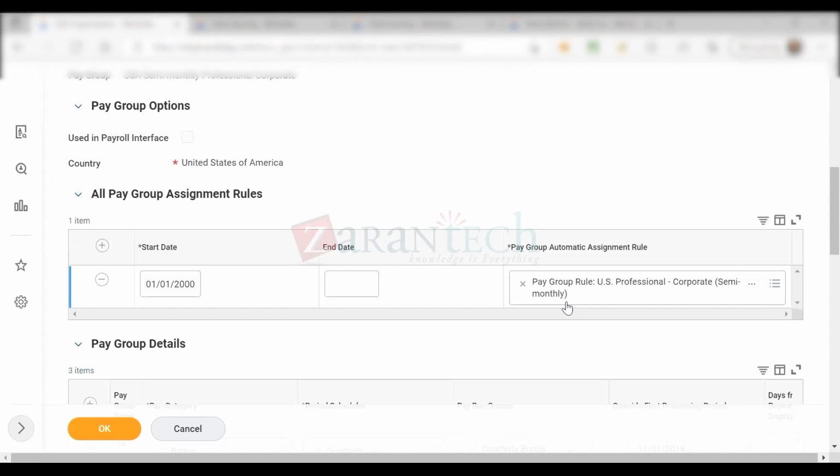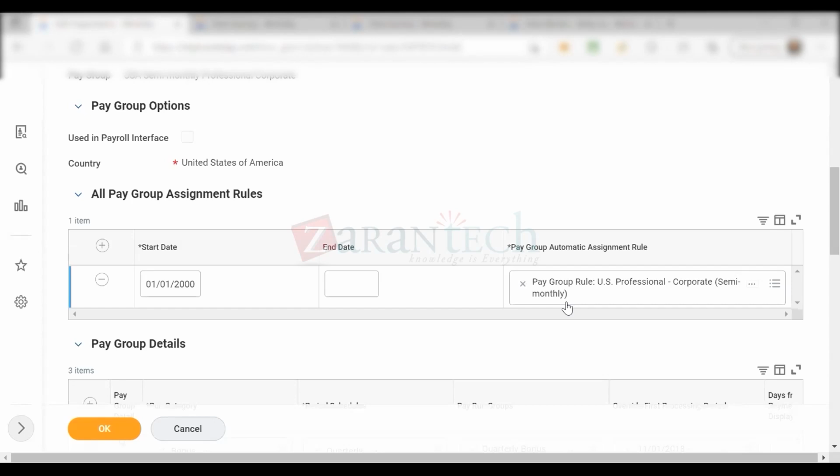If that many transfers are happening throughout the day, is it advisable to force HR to go and assign the pay group? No, that is not efficient.